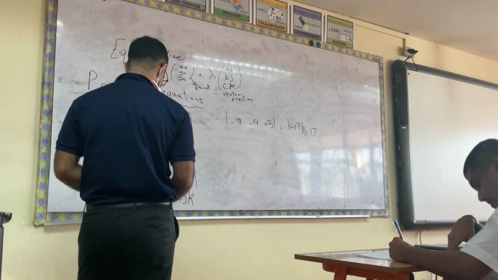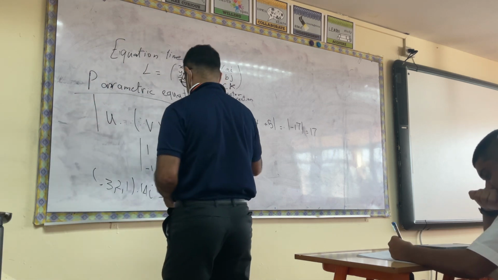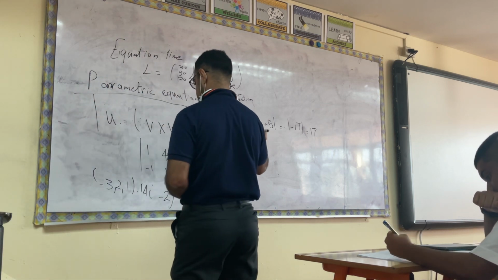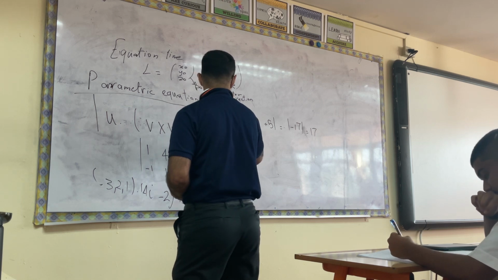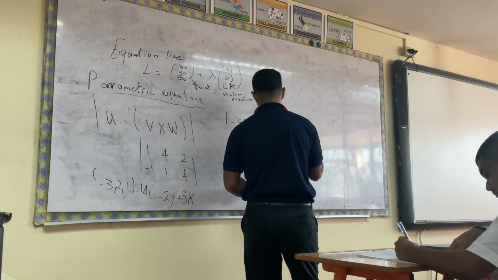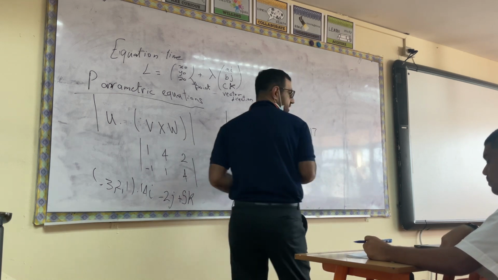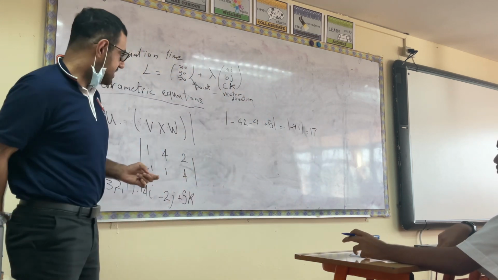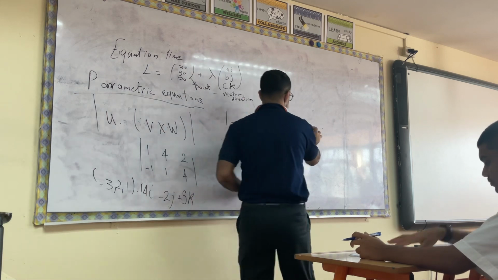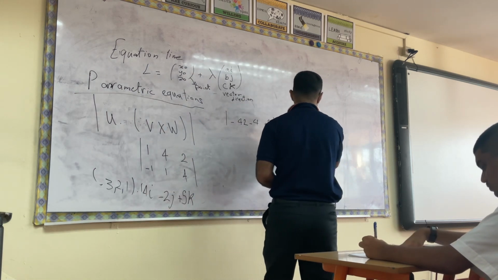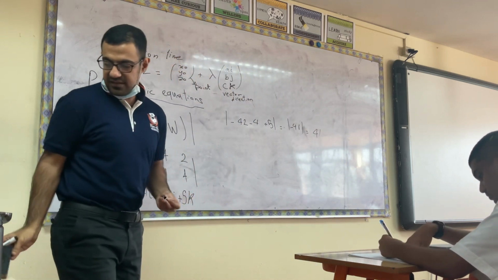Oh, oops. 9. So it's 14I minus 6J minus 5K. Yeah, this one is the correct one. 14. Okay, and then we multiply it by 2.